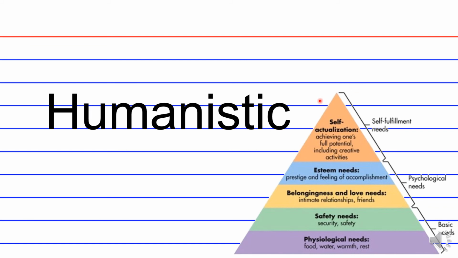And so here we see Maslow's hierarchy of needs because that is a humanistic perspective of personality theory development. So first you have your basic needs, then the psychological needs, and then the highest attainment of self-fulfillment, self-actualization. You can say a fully realized human being.